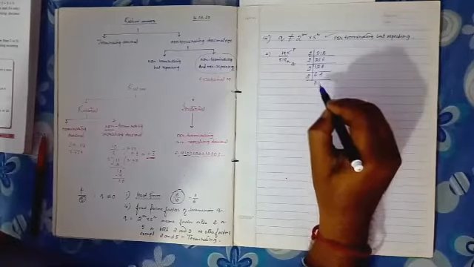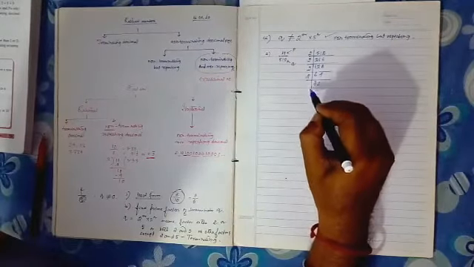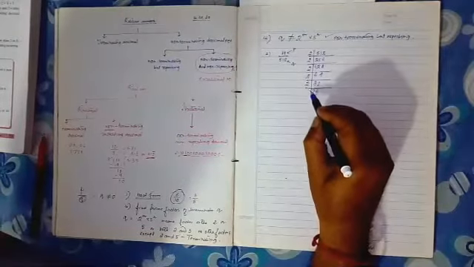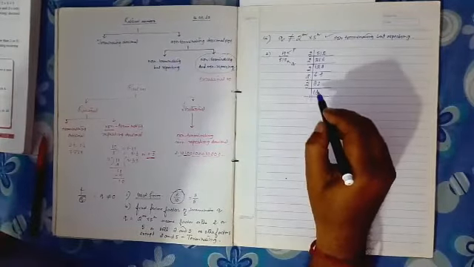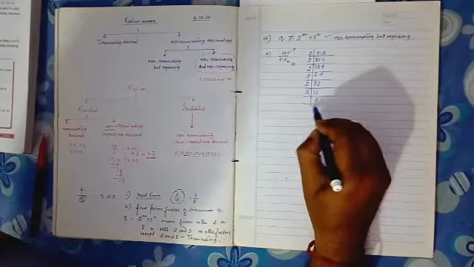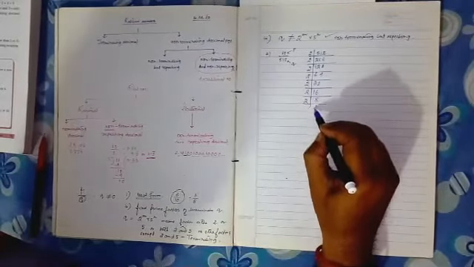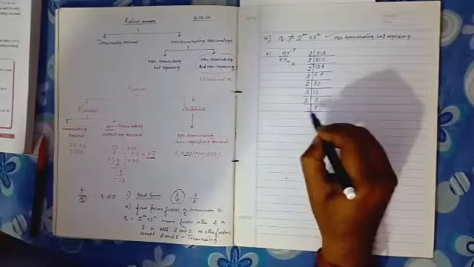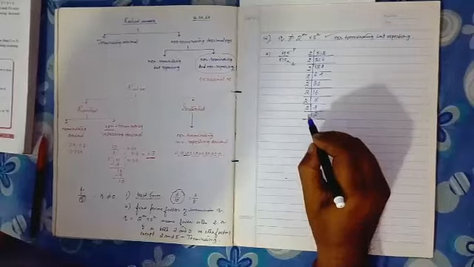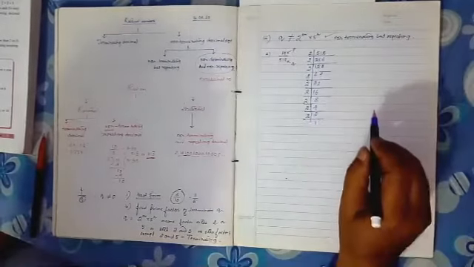Then 2, 2 threes are 6, 2 twos are 4. Then 2, 16. Then 2, 8. Again 2, 4. Again 2, 2. Again 2, 1.